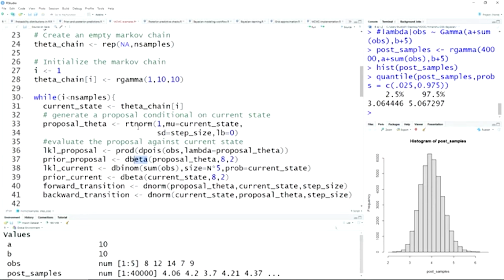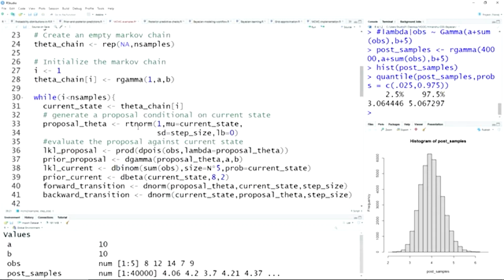Similarly here, rather than beta, it's a gamma distribution now. So dgamma, proposal theta, and it's 10, 10. Okay. By the way, you can also write a, b here, which are hyperparameters of your prior distribution, right? So a, b are shape parameters of your prior distribution. Now here, you again go.